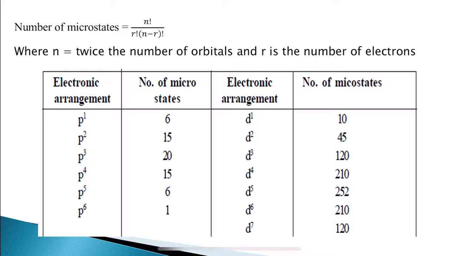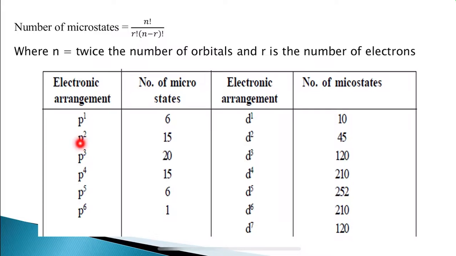For the D7 configuration, n equals 2 into 5, which equals 10, and r equals 5. Substitute the values of n and r in the above equation and you will get 120. So for a D7 configuration we will have 120 microstates.